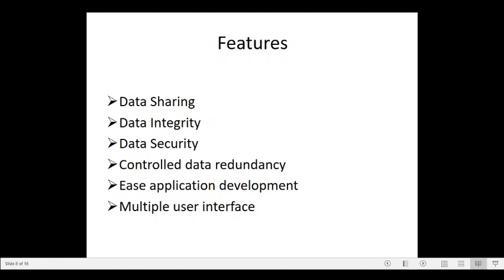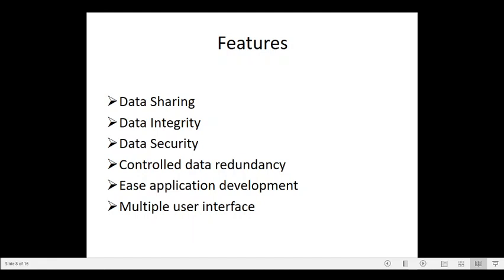So, database management system is characterized by data sharing. Apart from data sharing, it also facilitates data integrity. Integrity refers to validity of the data stored in the database, and it is imposed with the database when it is designed and is authenticated through ongoing use of error checking and validation.